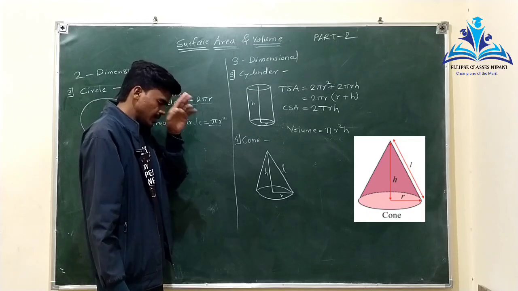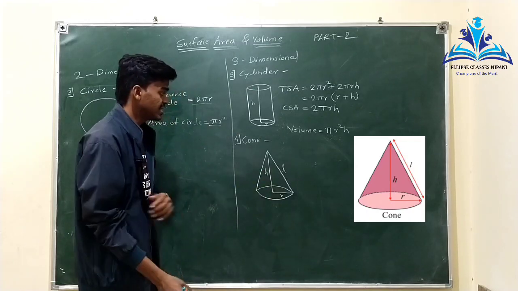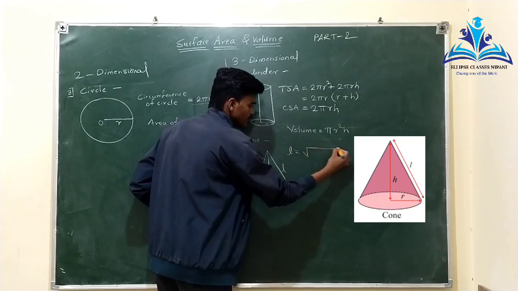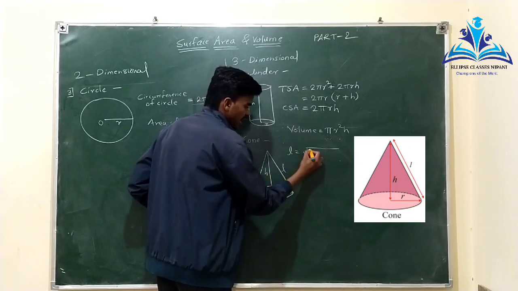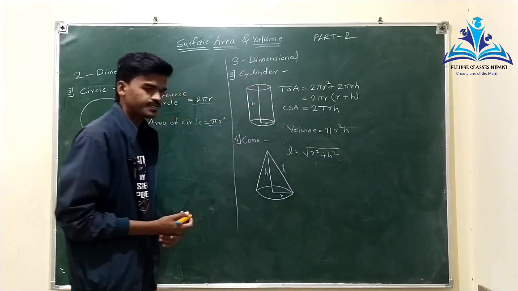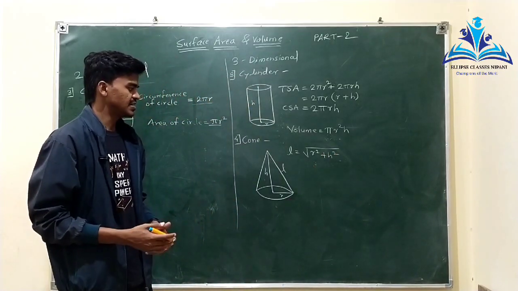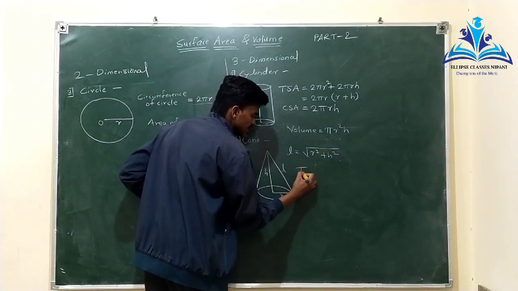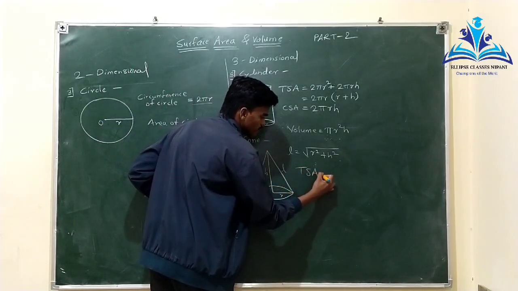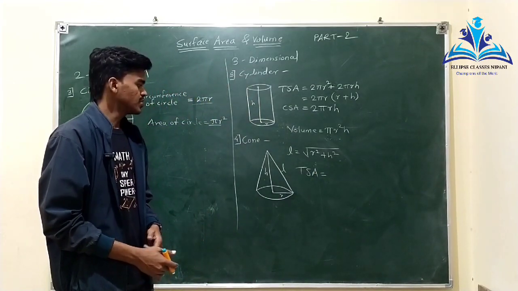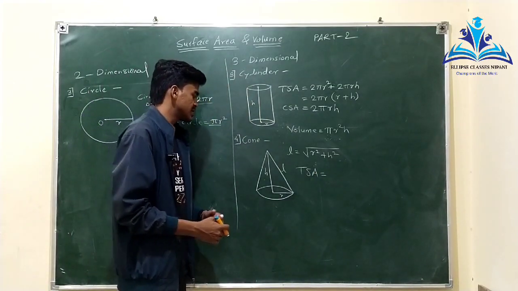Now for finding the slant height we calculate l equal to square root of r square plus h square. After this we need to calculate the total surface area of the cone. How are we going to calculate it?